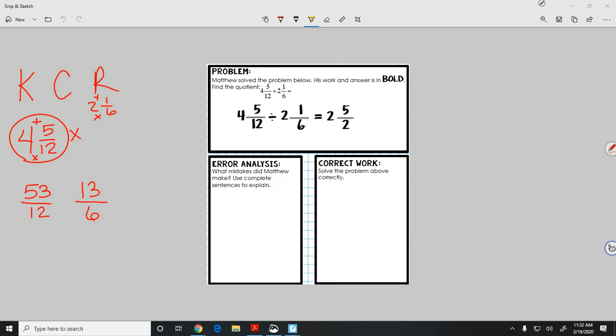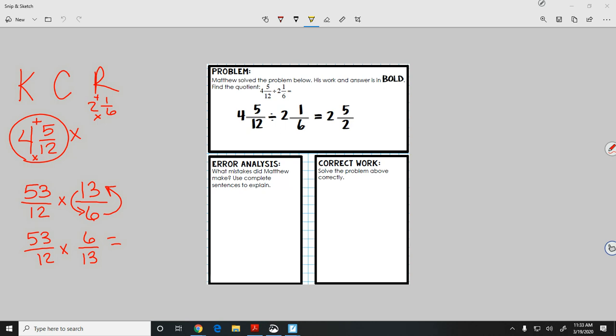All right, so now we can keep, change, and find the reciprocal. So we've got 53 twelfths times 6 thirteenths. Now we can multiply. Before we multiply, let's see if we can cross cancel anything.